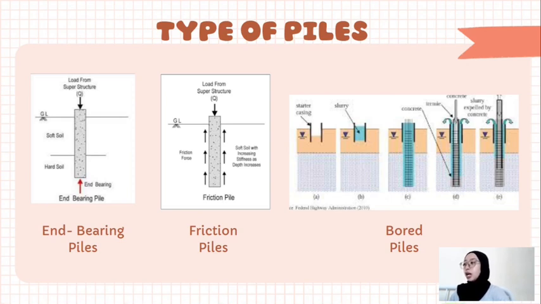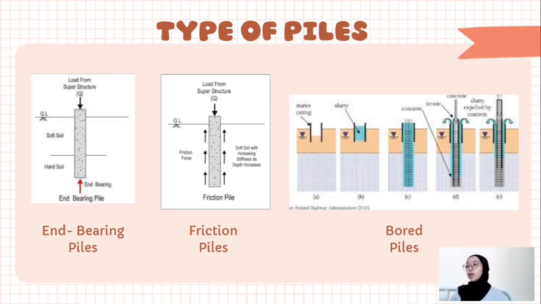So here are the 5 main piling types in construction that workers can consider, which are end-bearing piles, friction piles, bored piles, driven piles, and screw piles. First, let's go to the end-bearing piles.